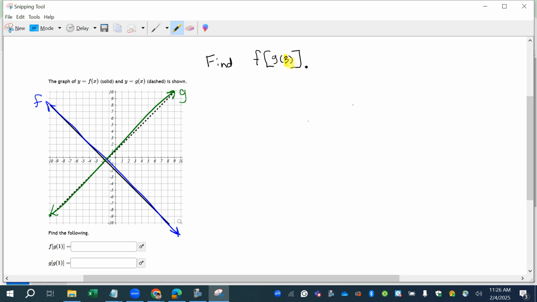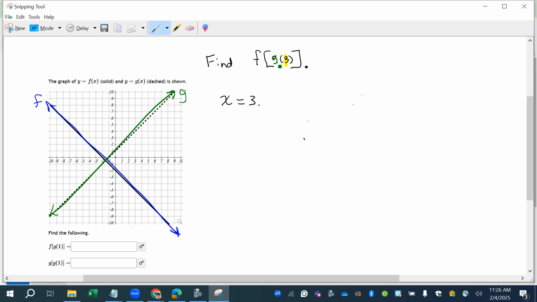So I'm going to start with that innermost value, 3. And I'm going to say x equals 3. Now, from there, I'm going to focus on the next thing inside. So I'm working from the inside out.